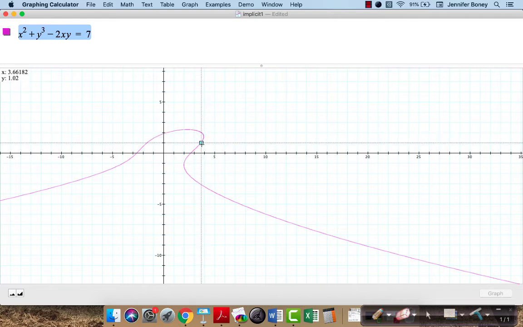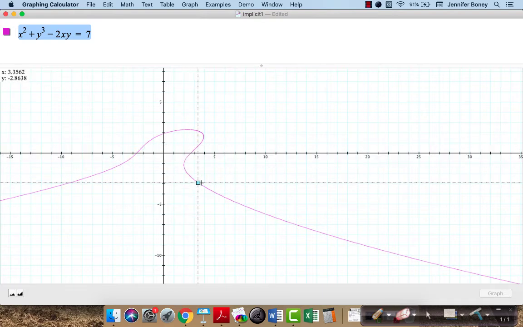Now, if I go around this corner here, approximately the same x value as before, but a different y value, I can see from left to right, this graph is going uphill. If I were to zoom in and look at what's going on inside that little blue square, the graph is going uphill from left to right. So I should have positive derivatives, change in y with respect to x, here. And then negative derivatives again, around the same x value.